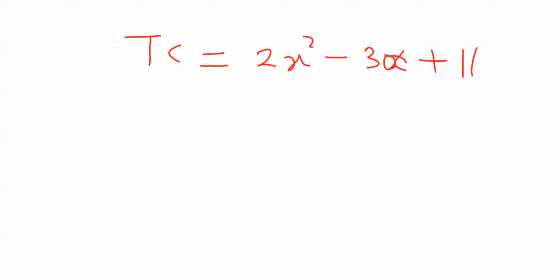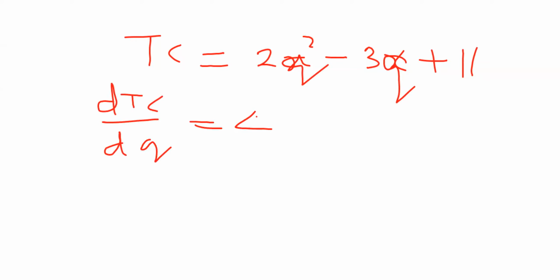They can say it's Q. Any alphabet can be used, whether Q or S or T. So when you are given this kind of question, differentiate total cost with respect to Q, which will give us 4Q minus 3. Is it clear?